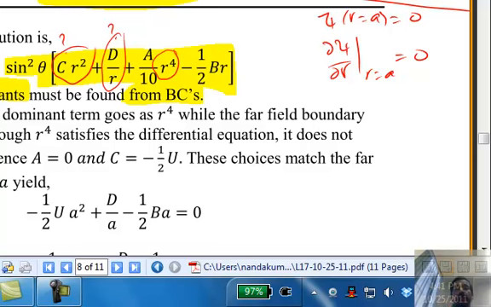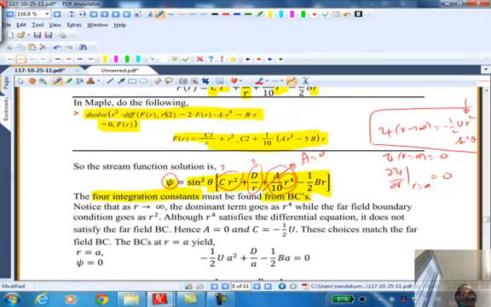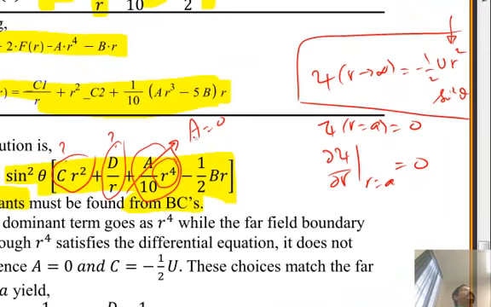If you keep this function, then it will say that the stream function is going as r to the power 4. That is the most rapidly growing term of all the 4 terms. So we say we cannot allow that. So we will set a equal to 0. So we have evaluated one constant in order to comply with the far stream boundary condition. The other one, b, is an unknown. But what can you say about c?